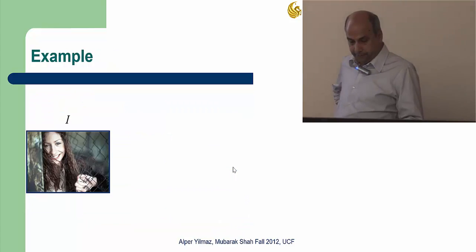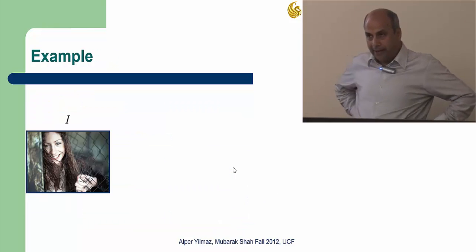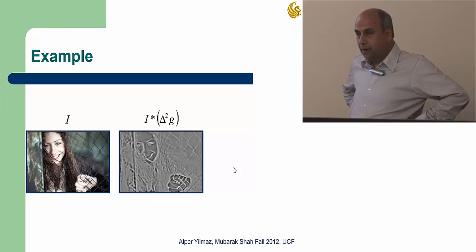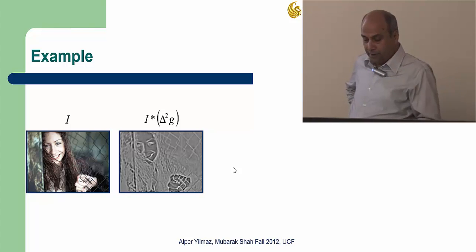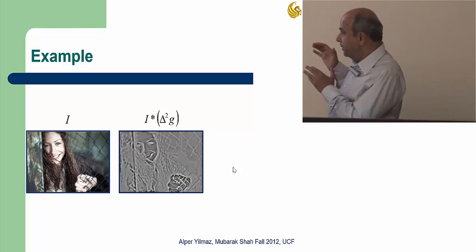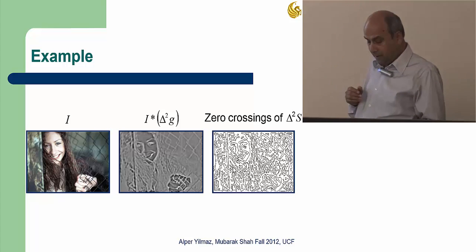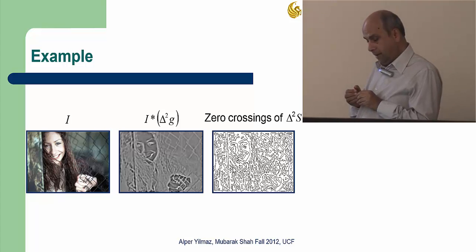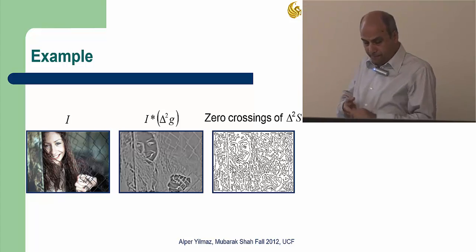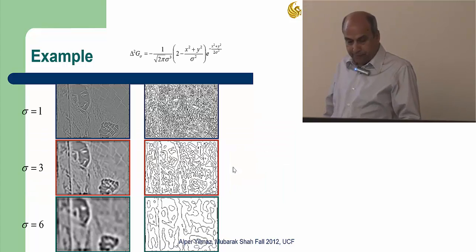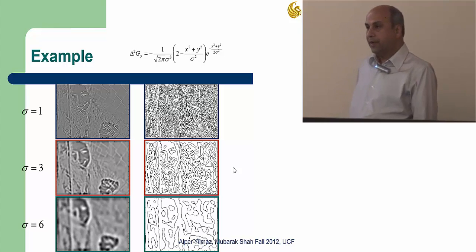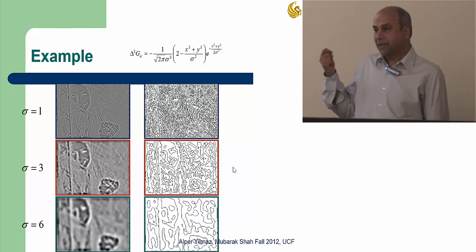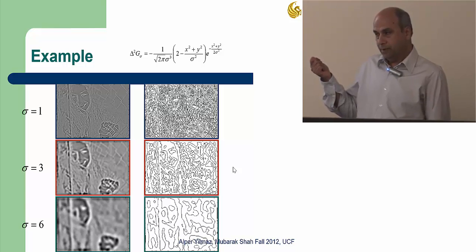Okay, so that's good. If you do all that, this is an image, and this is the output of the convolution. As you see, some are negative, some are positive, and these are the zero crossings. These are the edges, and we are showing all of the zero crossings. In this one also we have to ask a question: what sigma value should we choose?